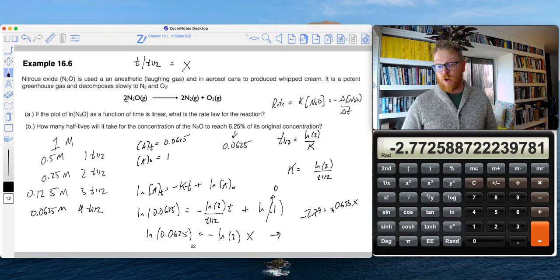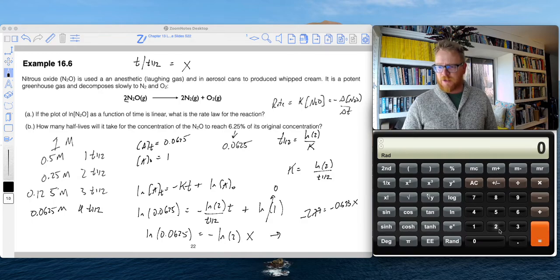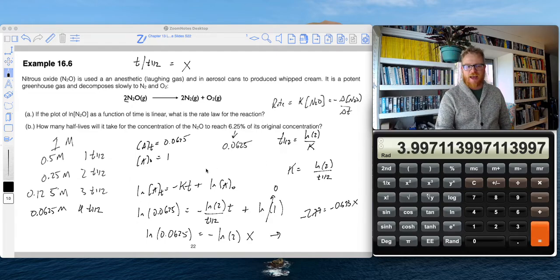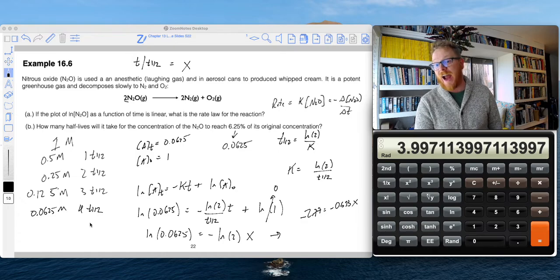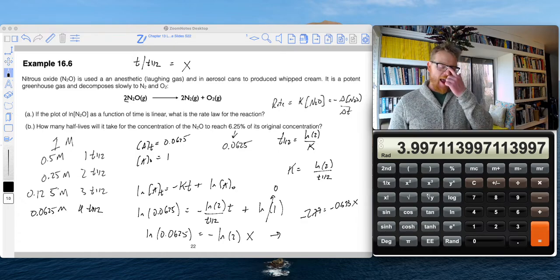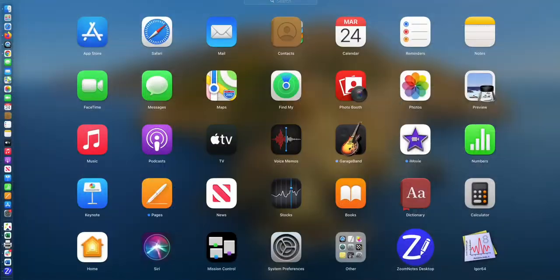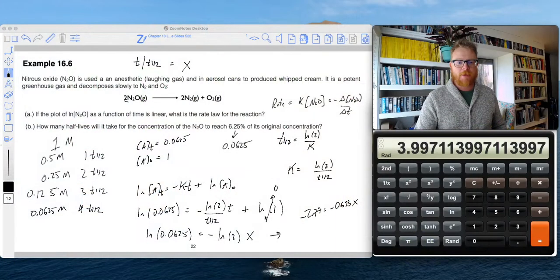Now if I solve for x by dividing both sides by negative 0.693, 2.77 divided by 0.693 equals 3.9997, which you can see is our 4 half-lives. So if we did not have a straightforward even percentage like that, then we could set it up and do it in this algebraic way. Okay, that's the last of our examples, folks.